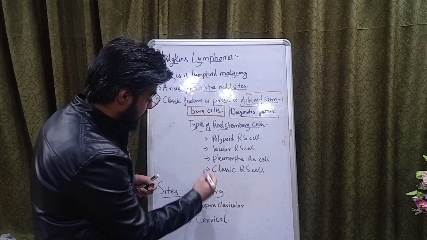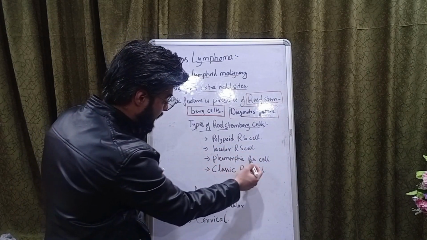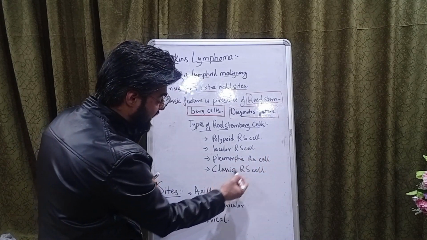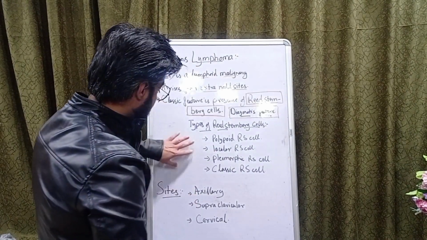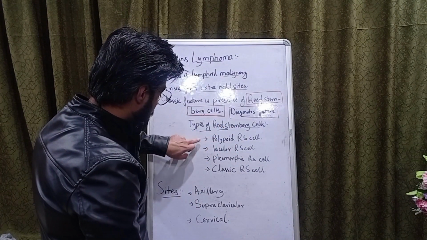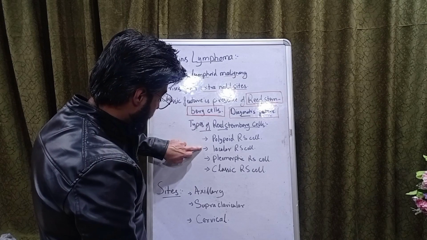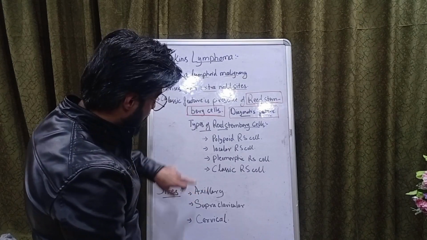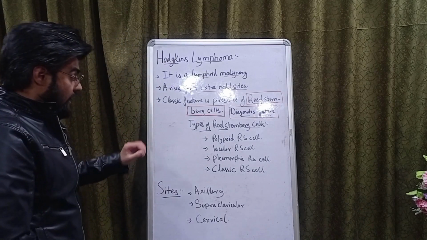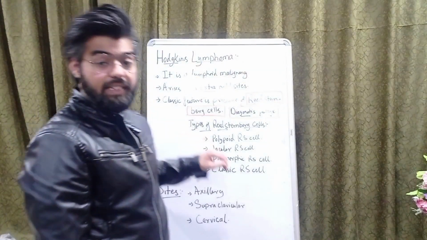Next, the lacunar Reed-Sternberg cell, the pleomorphic Reed-Sternberg cell, and the classic Reed-Sternberg cell. Let me repeat it again. The types of Reed-Sternberg cells are the polypoid type, lacunar type, pleomorphic type, and classic type.